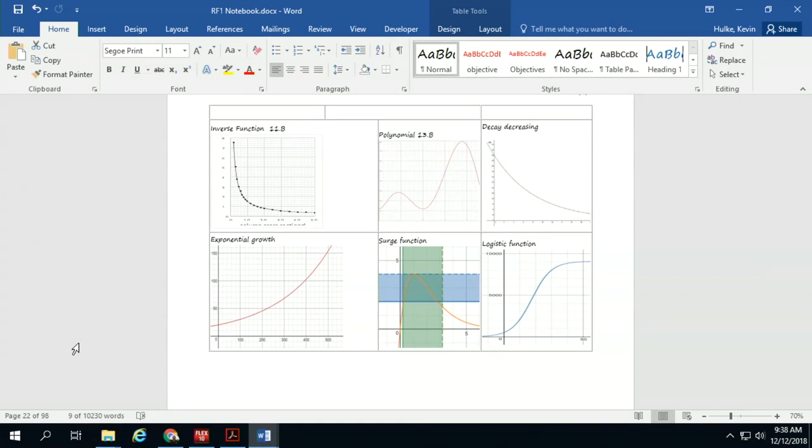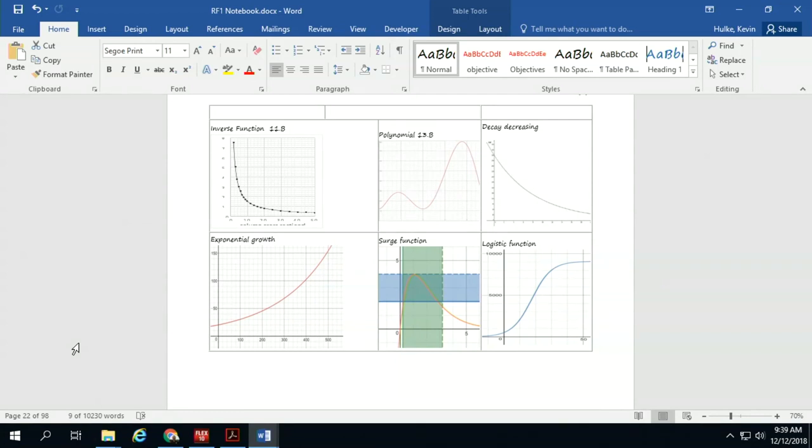Polynomial function. We also call the polynomial functions power functions. If you recall, this was our roller coaster problem, right? And we gave a polynomial for it. And there was a test question that we had on this one. The test question was, how many turning points does this graph have? 1, 2, 3.